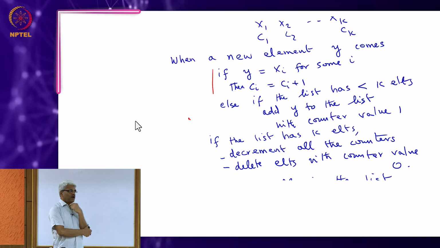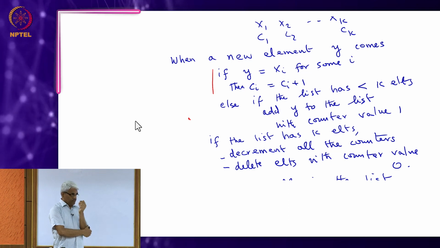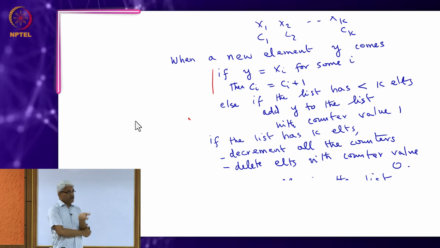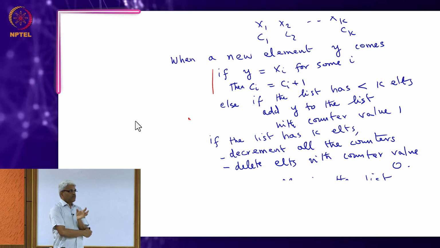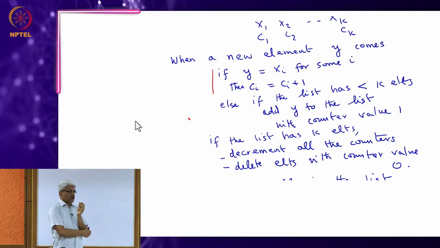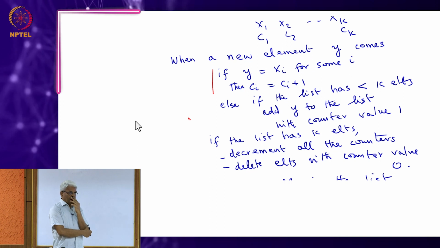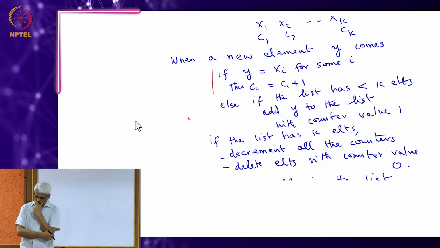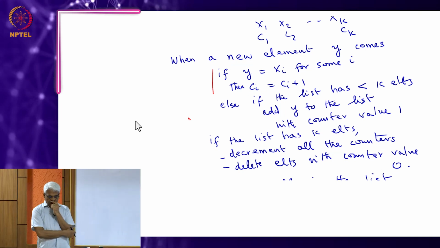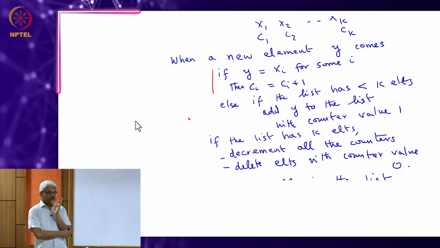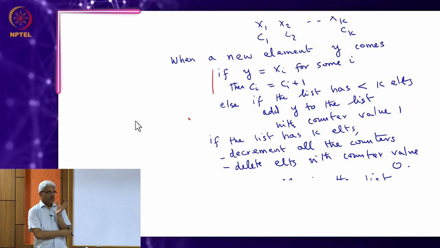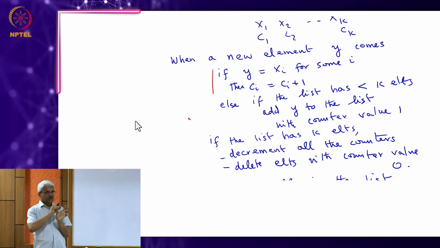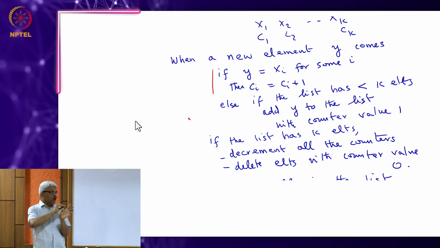Can I do better? For that I need to maintain these elements in a sorted array. But it has a problem. If I maintain it in a sorted array, I can check if y is equal to some xi, and update the counter appropriately.